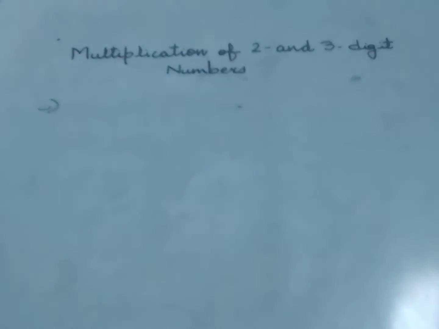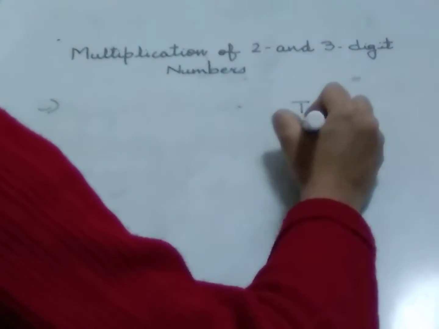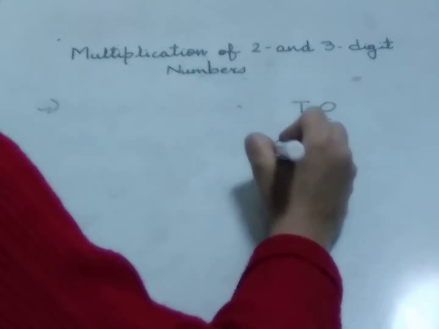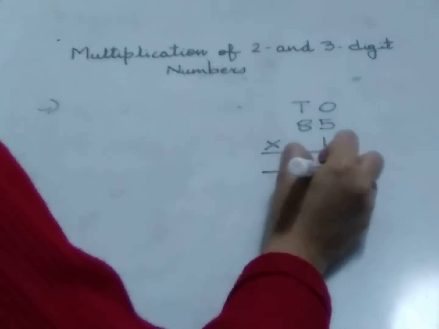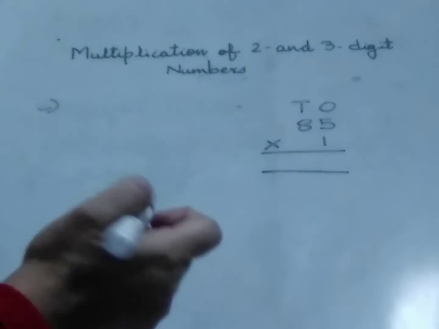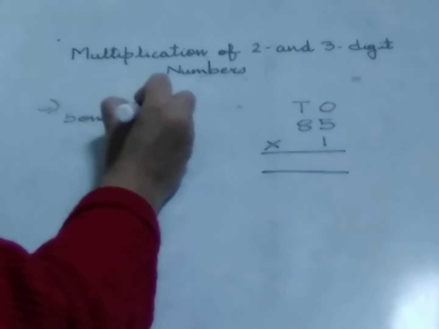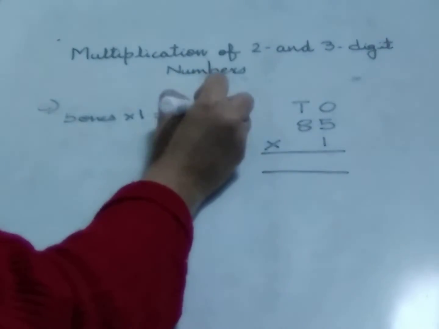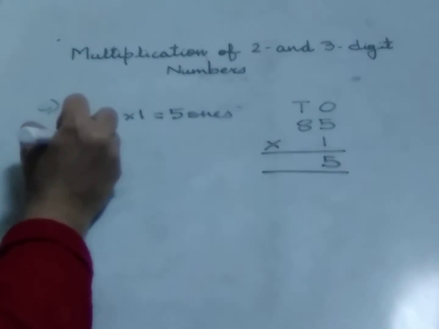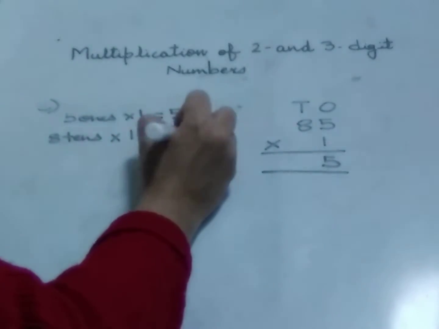C part. Next question is, this is TO 85 when multiplied by 1. So similarly multiply the ones first, which is 5 ones when multiplied by 1 gives you 5 ones. So write this 5 in the ones place. Now multiply the tens next. 8 tens multiplied by 1 is equal to 8 tens.